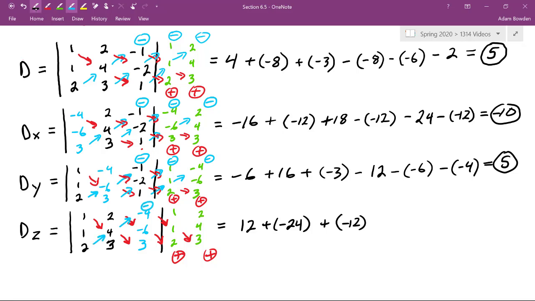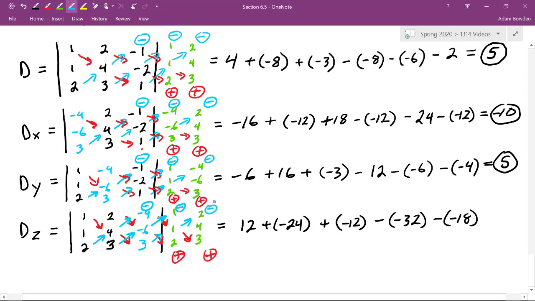Okay, and then we multiply the other direction, we'll get minus negative 32. And then the next number would be minus negative 18. And the last number would be minus 6. So that all calculates to give us 20.